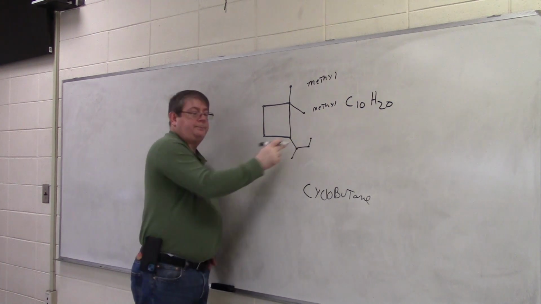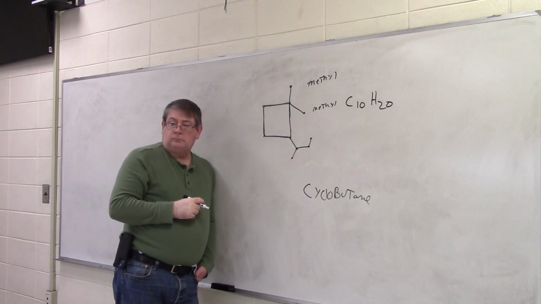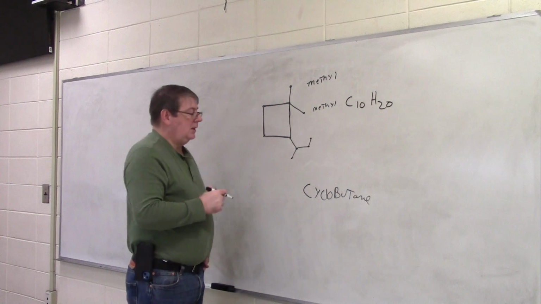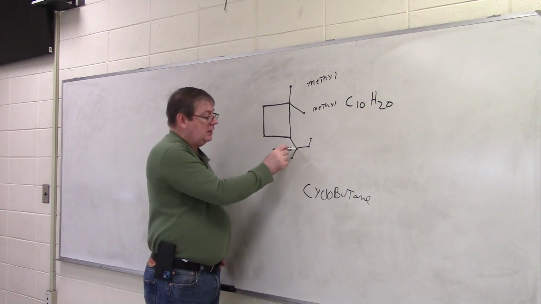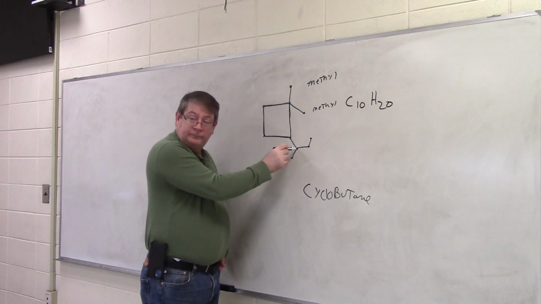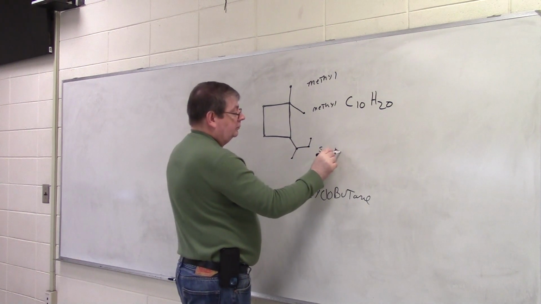What's this group? How many carbons are in that group? There's 4. So it's a butyl group, but it's not a butyl group where it's just attached at the end. It's on the next carbon, right? So this is called sec-butyl.